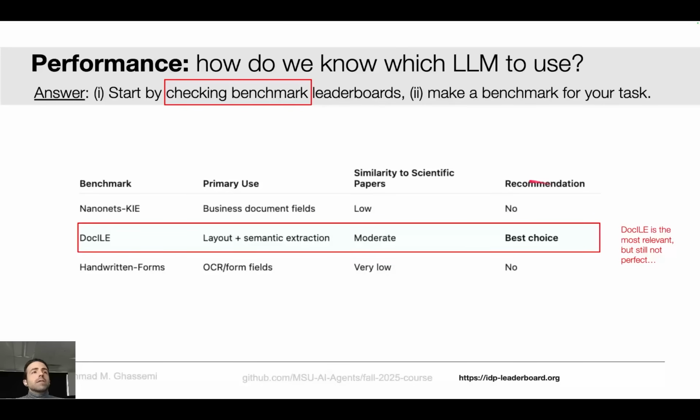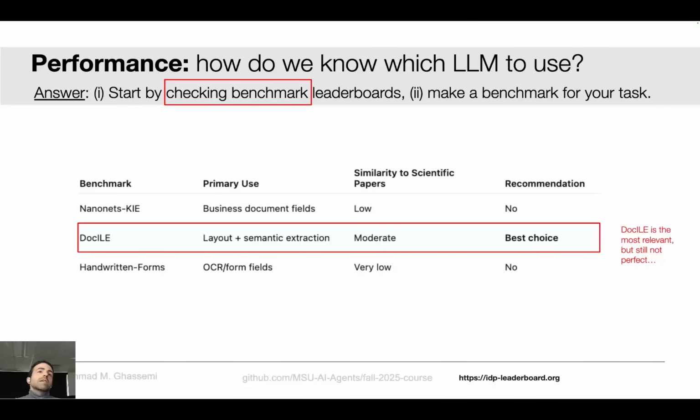So what I've done here is, for each of the three benchmarks that were shown on the previous table, NanoNets, DocIsle, and handwritten forms, I've shown what the primary use case was, and also my own assessment of how similar this use case is to looking at scientific papers and trying to extract information.